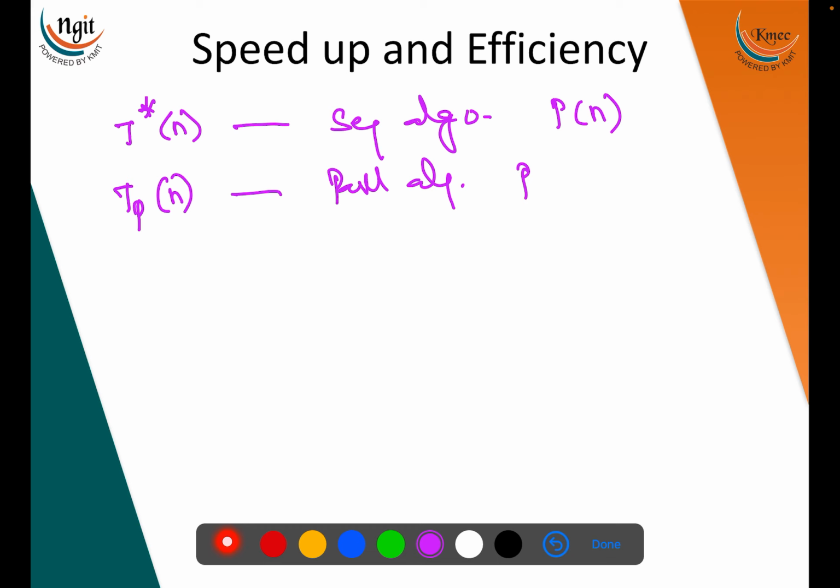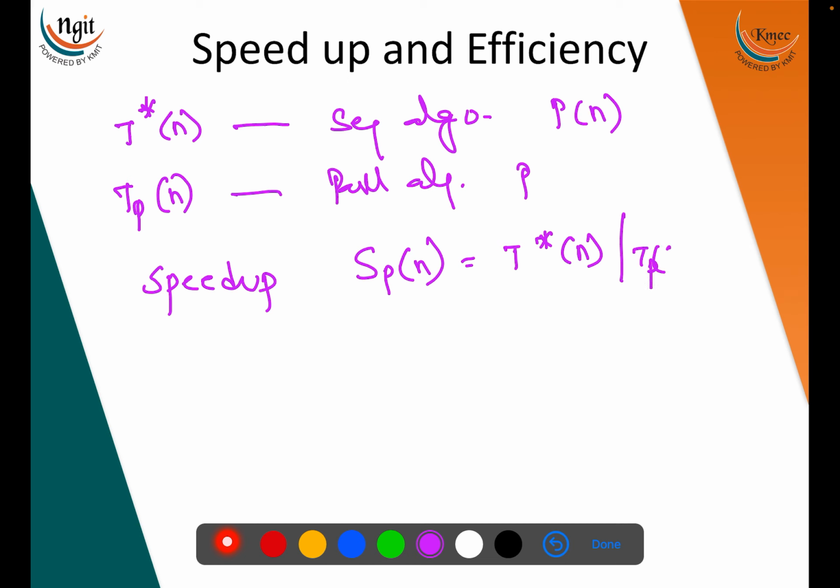Now, the performance of a parallel algorithm is determined by calculating its speed up. The speed up formula is Sp of n equal to T star of n divided by Tp of n.